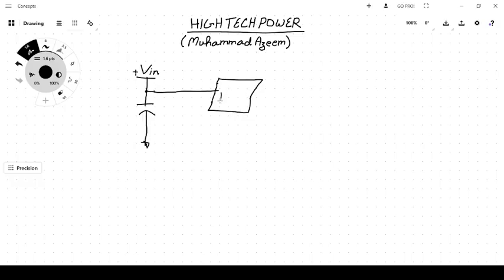So this is a regulator, this is the positive polarity of the input capacitor, and suppose it is a 5 volt regulator, then at this point we will get the output voltage, and it would be regulated 5 volt.